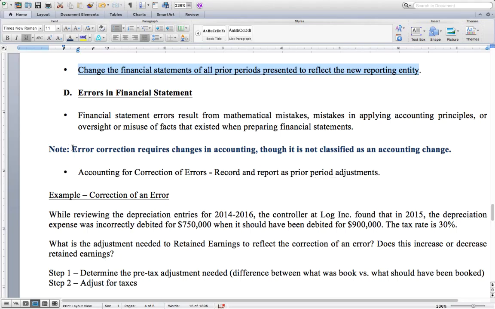One key thing to note, an error correction does require a change in accounting, but it is not classified as an accounting change. The three accounting changes that we have discussed previously, the change in reporting entity, change in estimate, and change in accounting principle, those are the three accounting changes. An error correction, while you do change balances, is not classified as an accounting change. It is classified as a correction of an error.